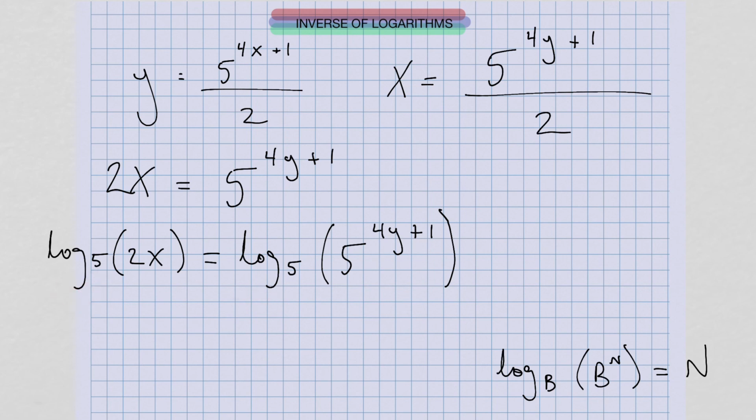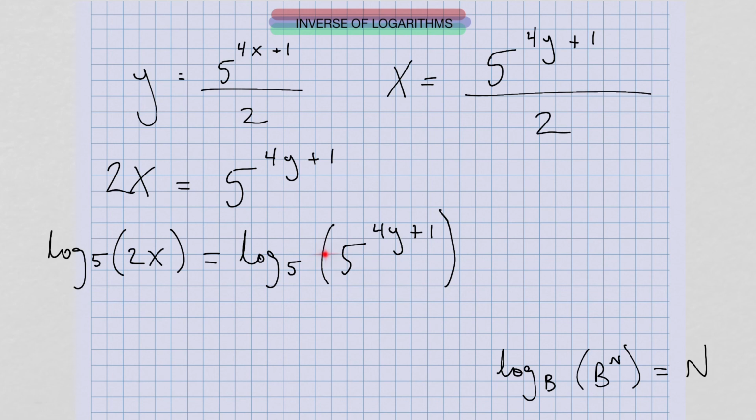Whatever you do to one side, you have to do the other side. Now what this does is you basically have this: log base b of b to the n equals n. If you have log base b of some number b raised to the n, this log base b and this b kind of cancel out. And all you're left with is n.